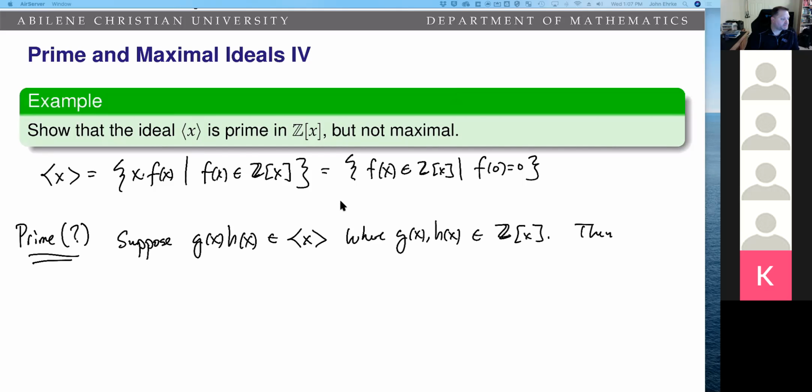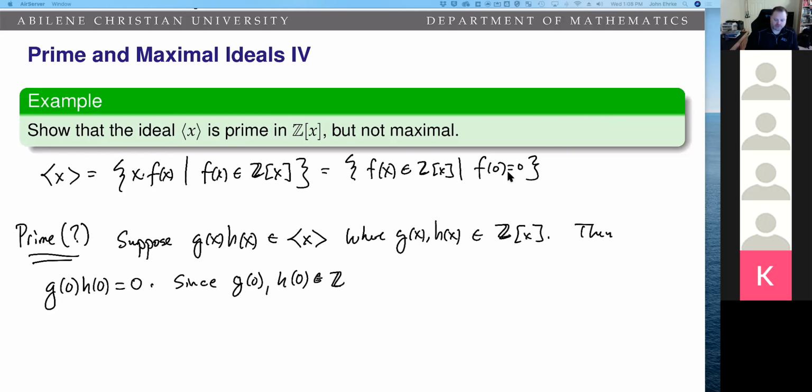Then because the product ended up in the ideal, it must have a constant term which is 0. Then g of 0 times h of 0 must be equal to 0. But g of 0 is an integer, and h of 0 is also an integer because they're the constant terms of polynomials.